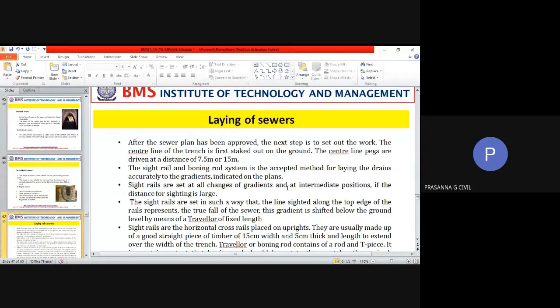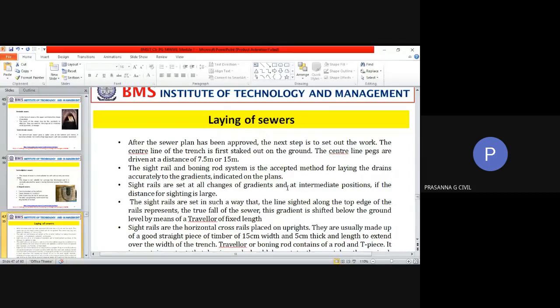So let us say we are talking about a 10 meter or 20 meter length of pipeline, or say 100 meter length of pipeline. For this 100 meter length of pipeline, it has to be laid at a gradient of 1 in 500. So from the surface, the upper end of the pipeline should be at what level? The invert at the upper end should be at what level? The invert at the end of 200 meters should be at what level?